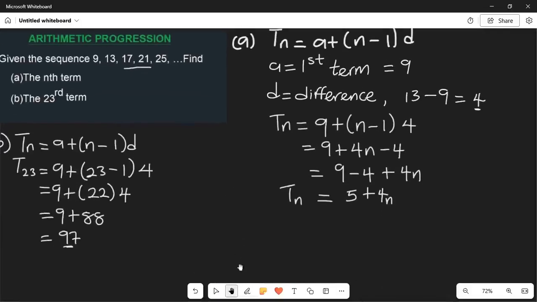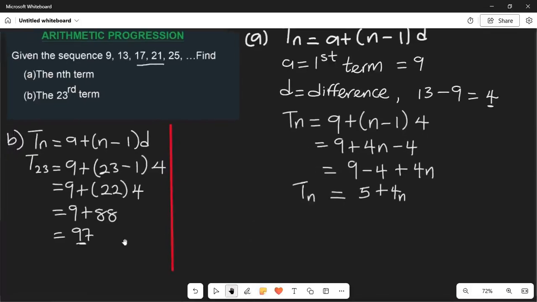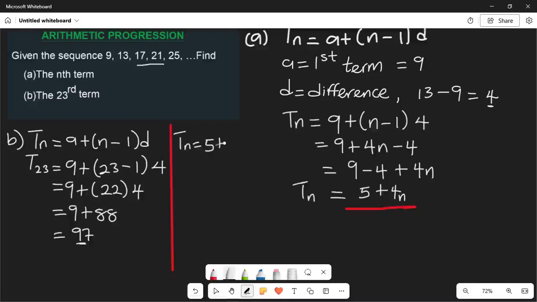Remember, I said we can actually look for this in two ways. So this is the first way of looking for the 23rd term. The other way is just to apply this formula here. Since we already know the nth term to be 5 plus 4n, and we are looking for the 23rd term, that is equal to 5 plus 4 brackets.